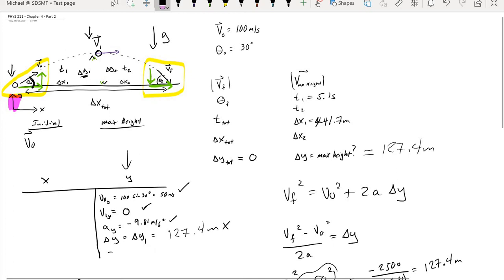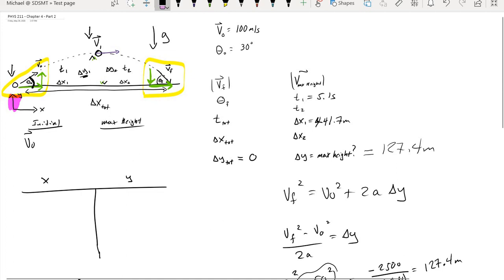I want to compare what is happening at the initial launch site to what is happening at the final impact site. Now, a lot of these values inside the kinematics may be the same, and that's okay. But I want to start fresh, just so we can see exactly what it is that we're using. We're starting over here at the initial launch site, so we will have the same initial velocity components of 86.6 and 50.